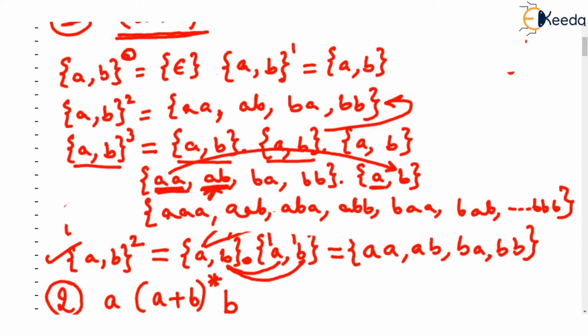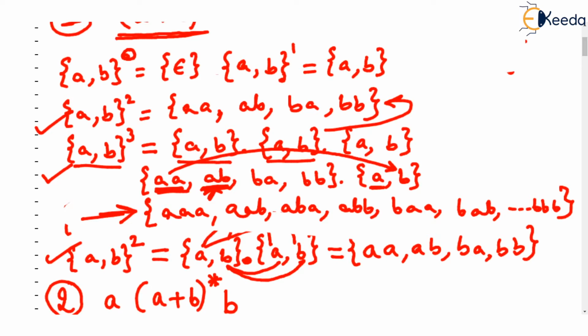What do you notice is {A, B} cube is actually giving us all strings of length 3 made up of A, B. See, there is any combination of A and B, all possible permutations of A, B, but with length 3. {A, B} square is giving us all possible strings that can be made using A, B, but of length 2.